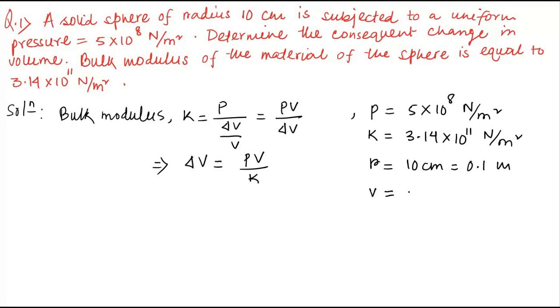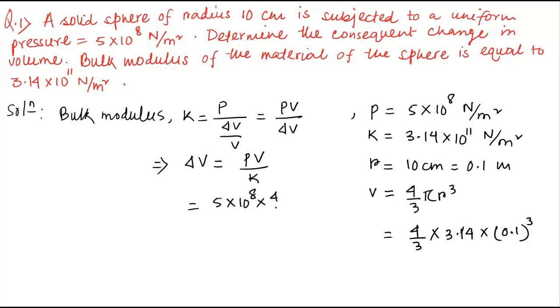So volume of that solid sphere is 4/3 pi r cube, which is equal to 4/3 into 3.14 into 0.1 to the power cube. Now substitute all the values in this equation. So P is 5 into 10 to the power 8, V is 4/3 3.14 into 0.1 cube, K is 3.14 into 10 to the power 11.